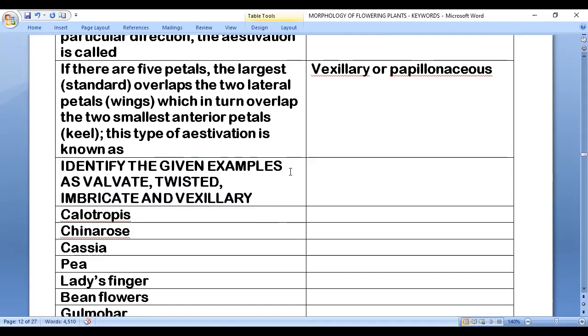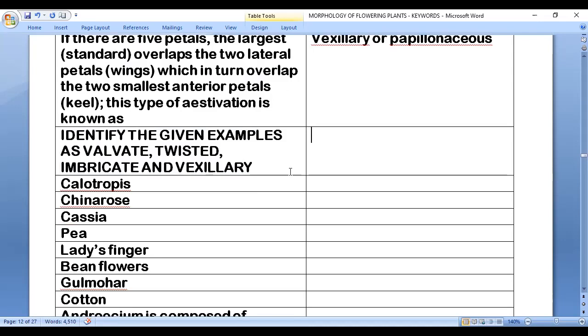Identify the given examples as valvate, twisted, imbricate, and vexillary. Calotropis, valvate. China rose, twisted. Cassia, imbricate. Pea plant, vexillary or papilionaceous.